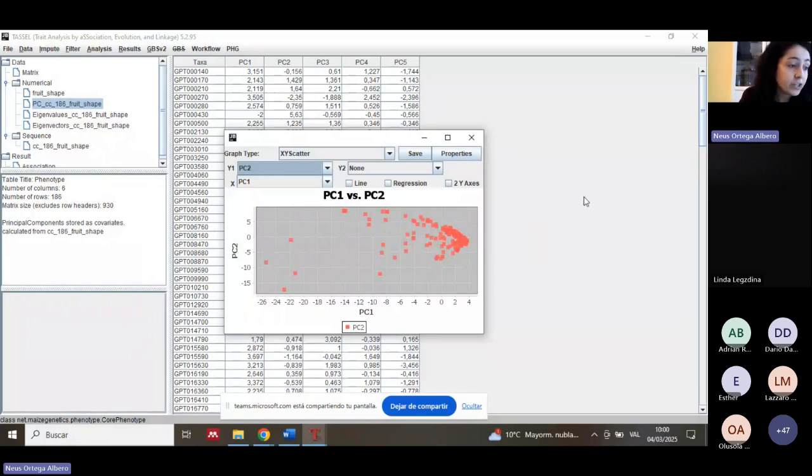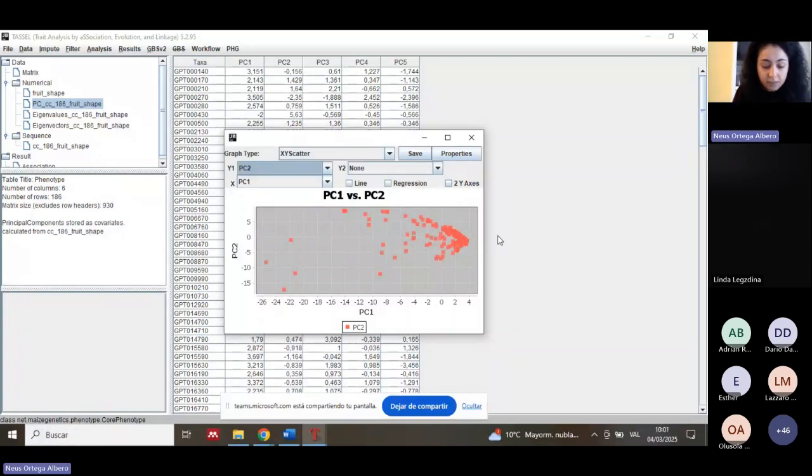So what we can see here is that even though there's a high distribution of these individuals, this cluster of individuals at the right might cause some problems because they can be genetically related or related in some way, so that these relationships between these individuals can cause some bias or some fake associations, trait, gene.